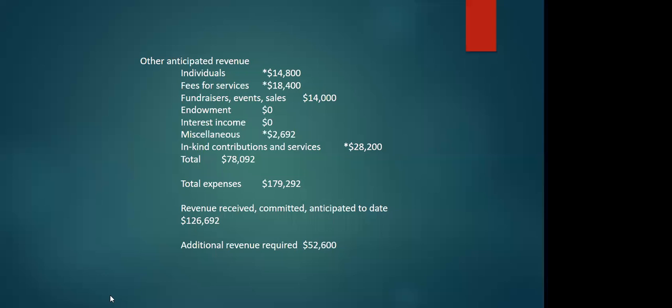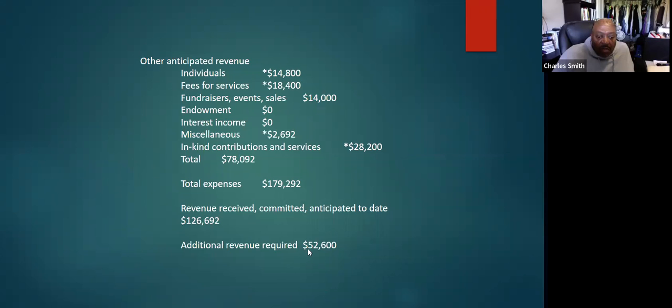They're going after different sources and bringing in different amounts of money. So the total expenses they're looking at is 179. With all this money right here, they've probably brought in 126,000. They can use this 126,000 to now go after another grant for what? 52,000. And then they're going to be able to come up with the total budget.